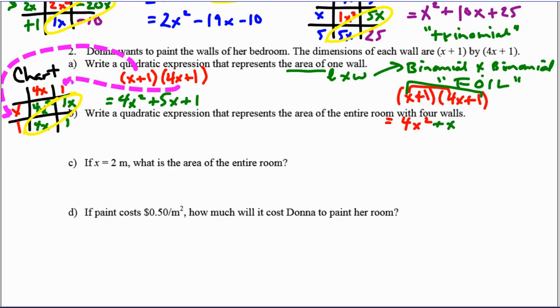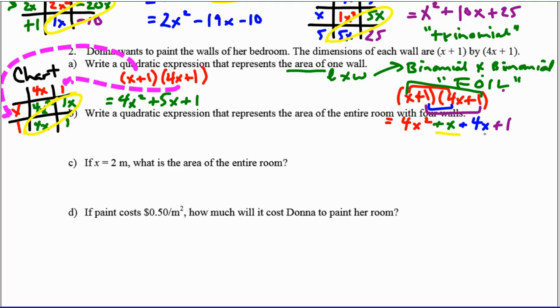Perfect. Then we have our inside, I for inside. What is 1 times 4 is 4, and 1 times x is just the x. And finally, our last step, our last and our last for L. Last and last. So what is 1 times 1? That's simple enough.